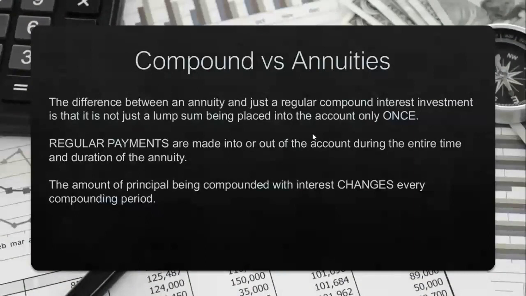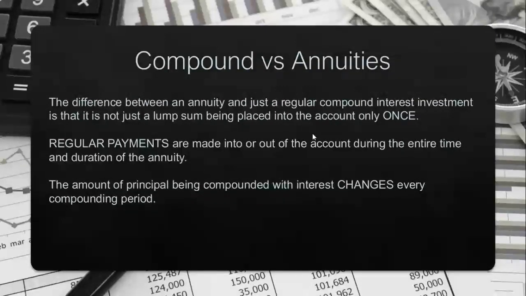The difference between compound interest and annuities is that an annuity still has a compound interest investment, but it's not just a lump sum. It's regular payments that you're putting into or taking out of an account during a period of time. The amount of principal being compounded with interest changes every compounding period.